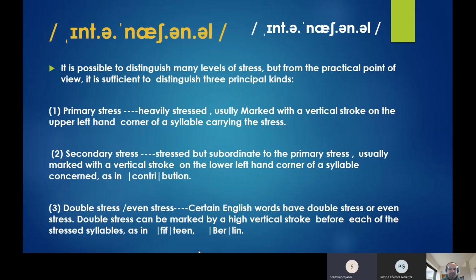Because it is produced with the tongue between both teeth. Exactly. Because to produce the sound, we place the tip of the tongue in between the teeth, between the upper and the lower teeth.